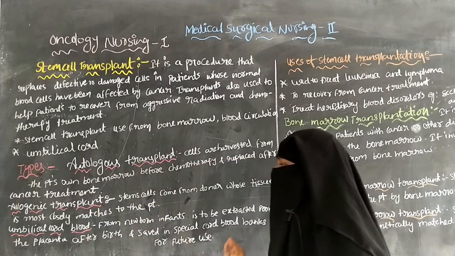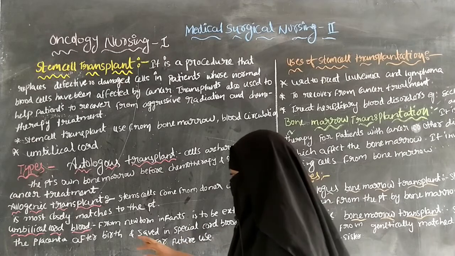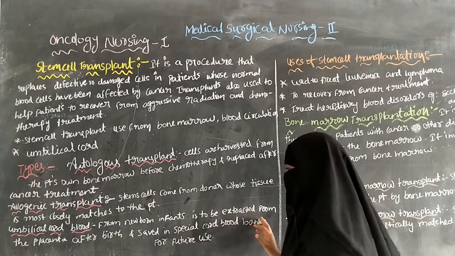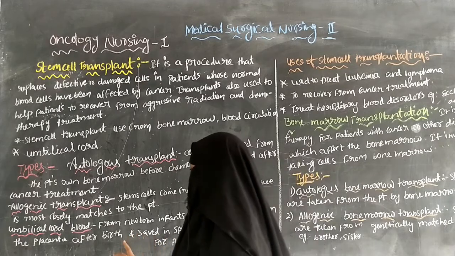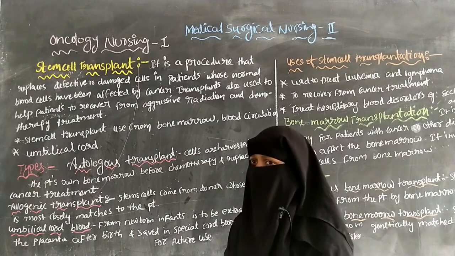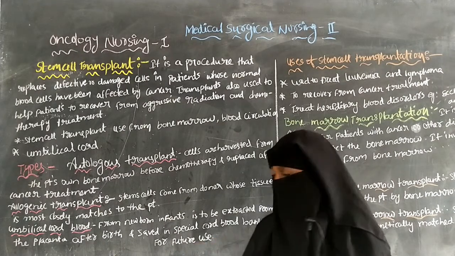Next one is umbilical cord blood. In this, umbilical cord blood from a newborn infant is extracted from the placenta after birth. So the stem cells can be collected after the newborn baby has been born.